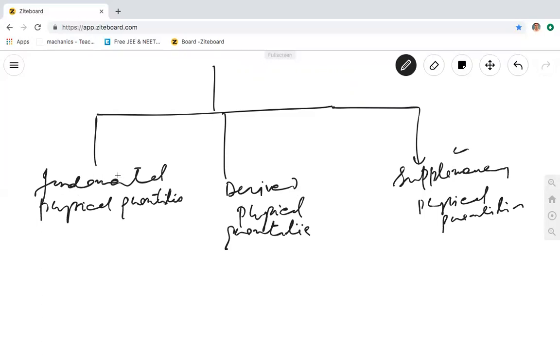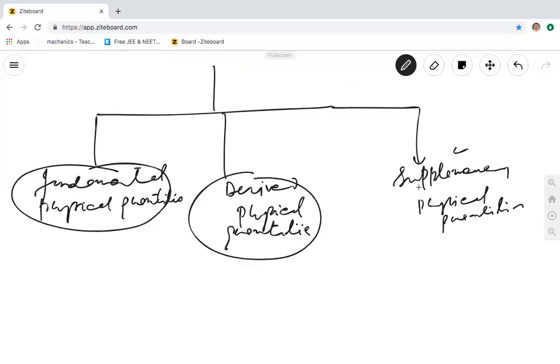Now, what are the fundamental physical quantities? And then what are derived physical quantities? Then what are supplementary physical quantities? Let me discuss them one by one.